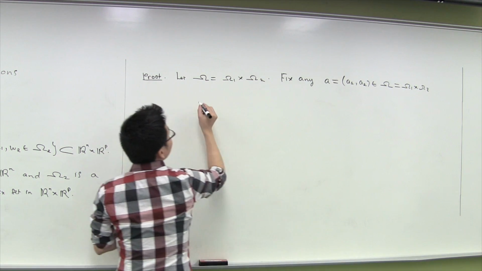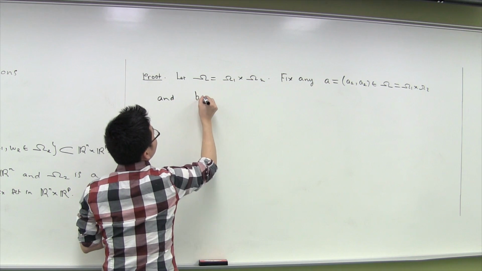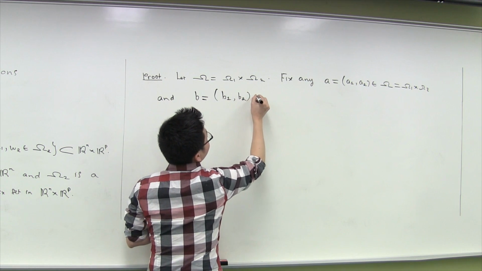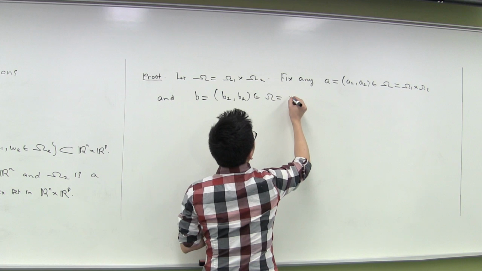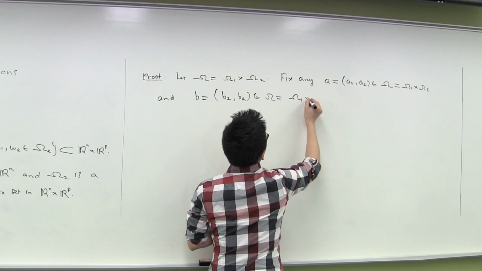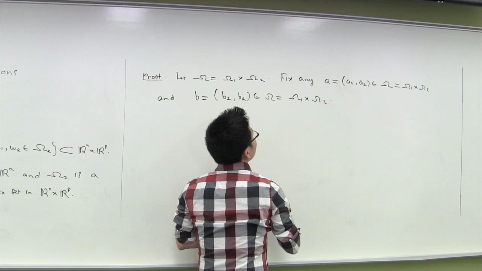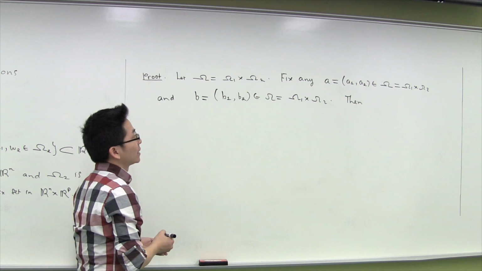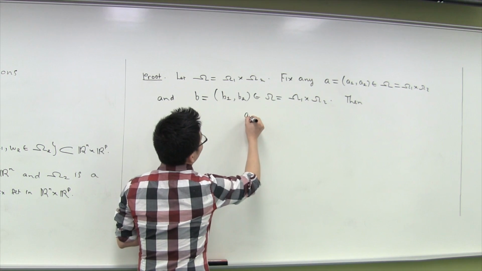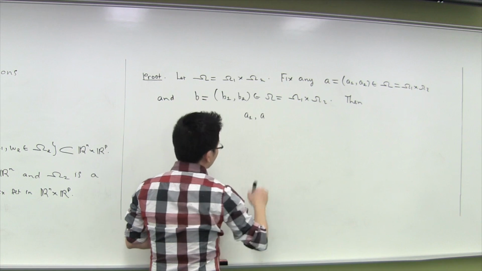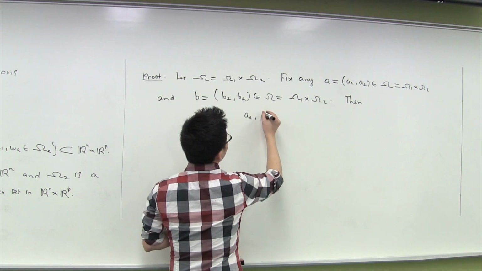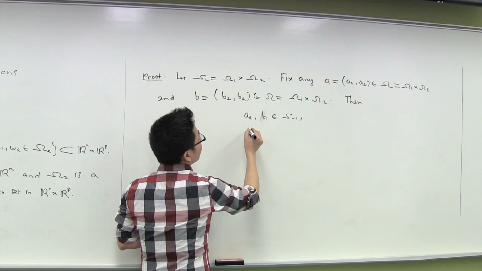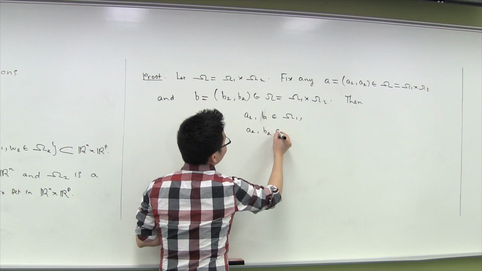And B is another element in omega. Then from the definition of the Cartesian product of omega 1 and omega 2, we see that A1 and B1 are in omega 1, and also A2 and B2 are in omega 2.